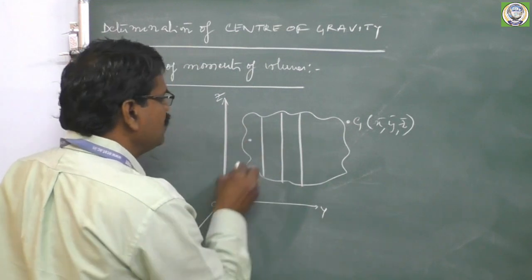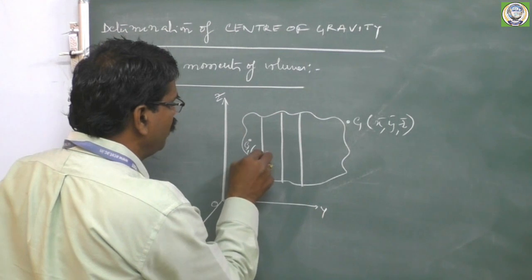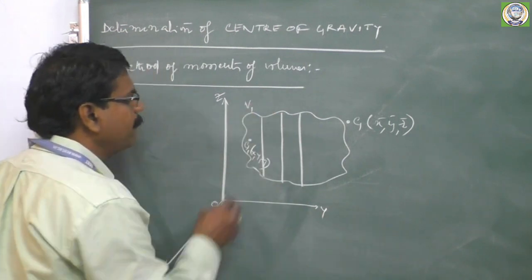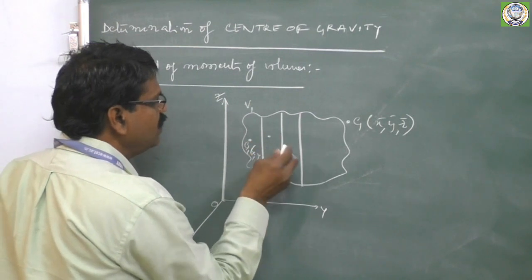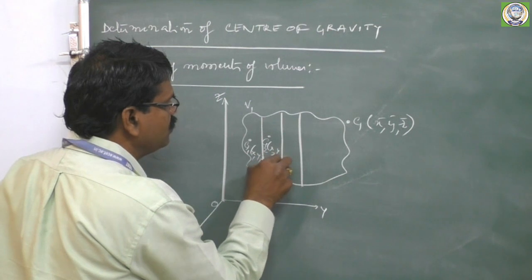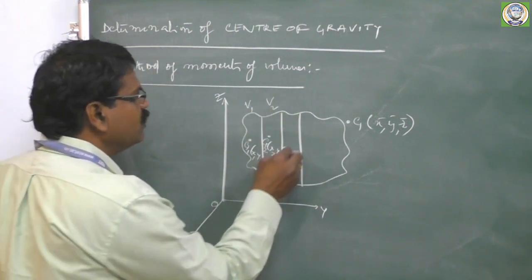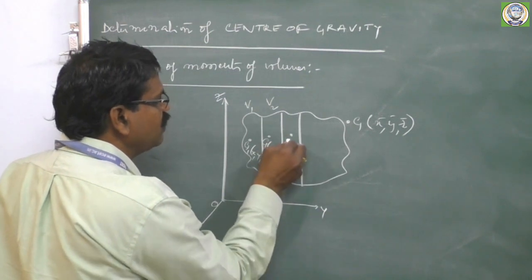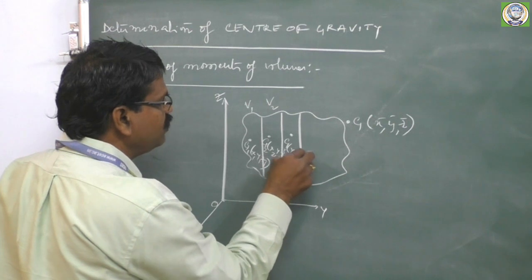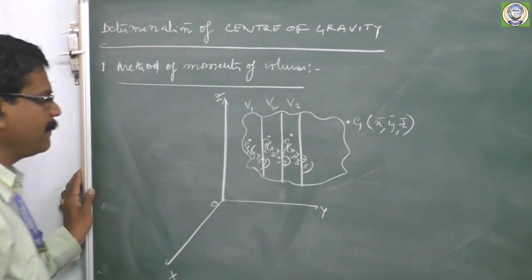The first elemental surface has a particular point denoted by G1 of x1, y1, z1, and its respective volume is V1. The second elemental area has G2 of x2, y2, z2, its respective volume is V2. And the third elemental surface area has a certain point G3 of x3, y3, z3, and its respective volume is V3, and so on.